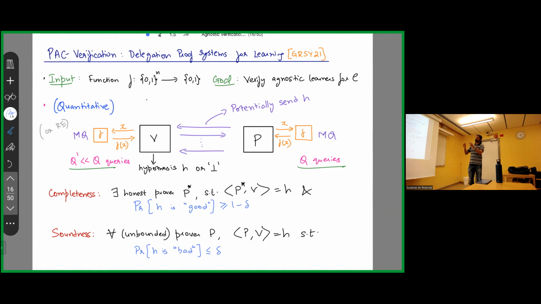One can say the same things about random examples as well. So there's a qualitative axis, where on one hand your verifier is highly efficient but uses only random examples, while the prover uses queries. Whereas in this case, both use only queries or random examples. And the completeness and soundness remain the same.